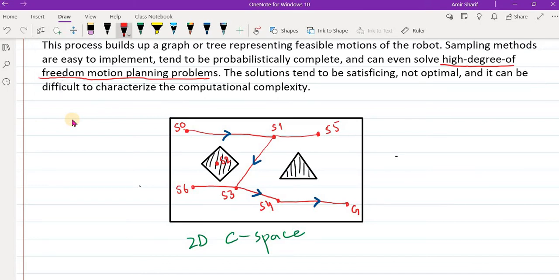to characterize the computational complexity. So now it also has some disadvantages, and one of the biggest disadvantages of these methods is that they tend to be not optimal. Not all of them.